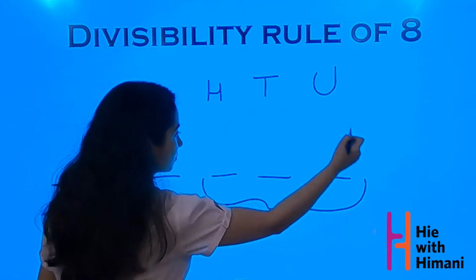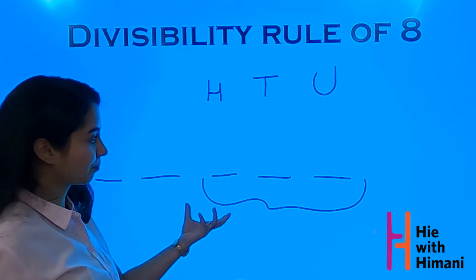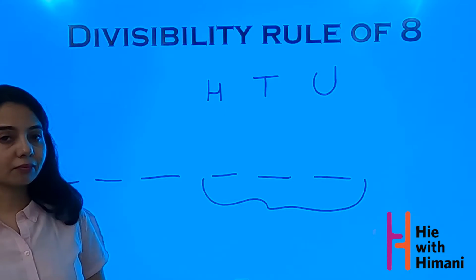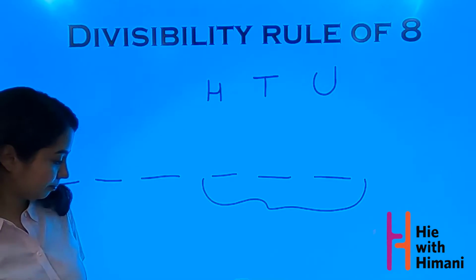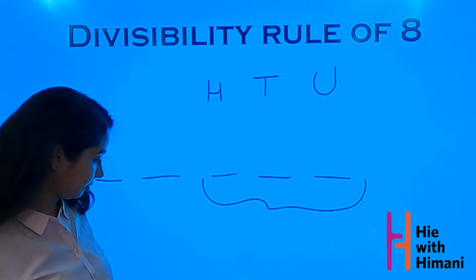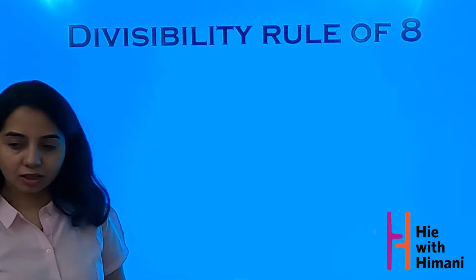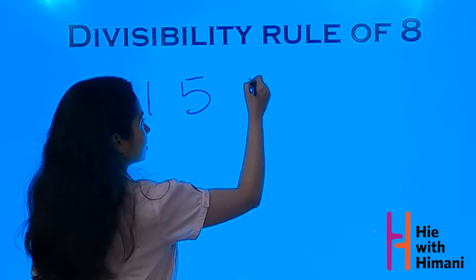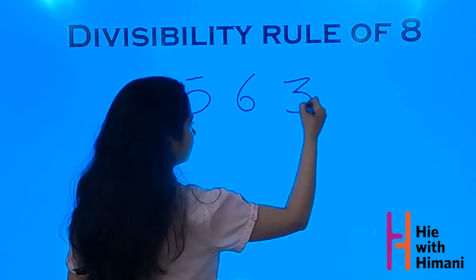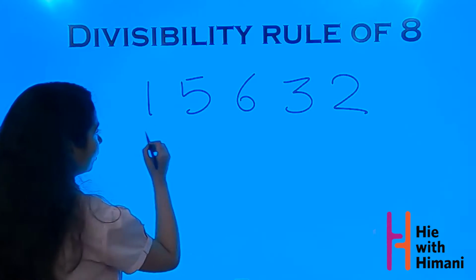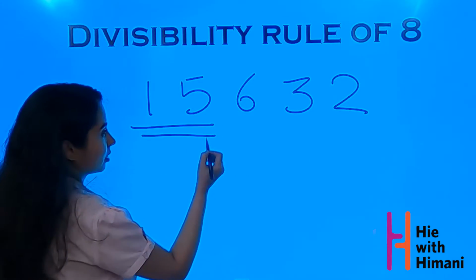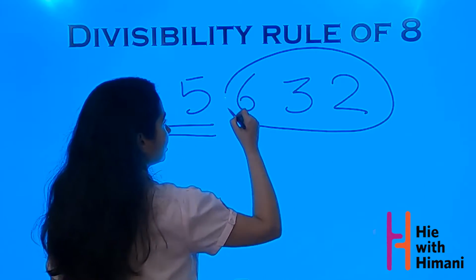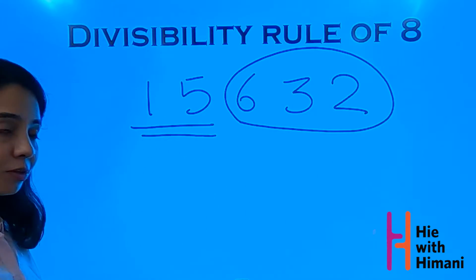We just have to check the divisibility for these 3 places. For example, if I have this number 15632, I don't have to bother about this part at all. I just have to check whether 632 is getting divided by 8 or not.